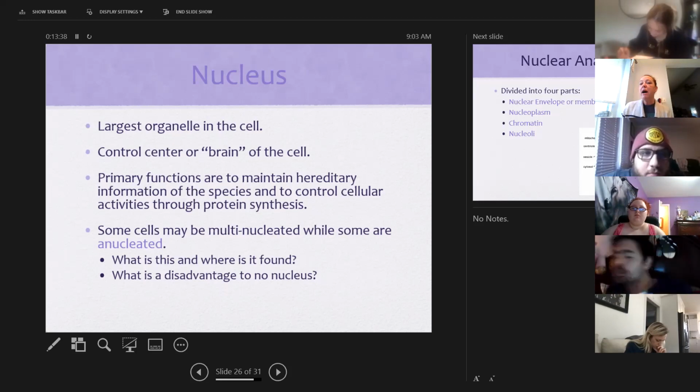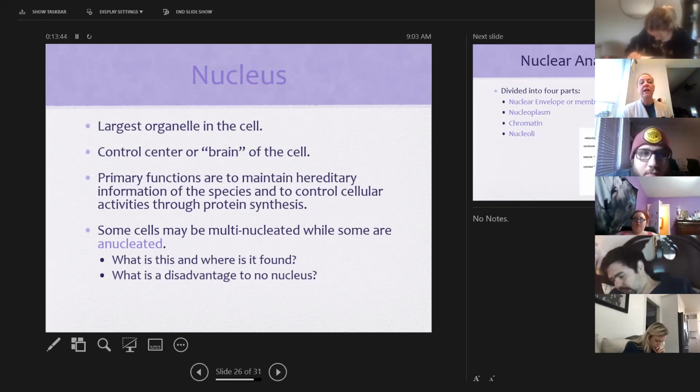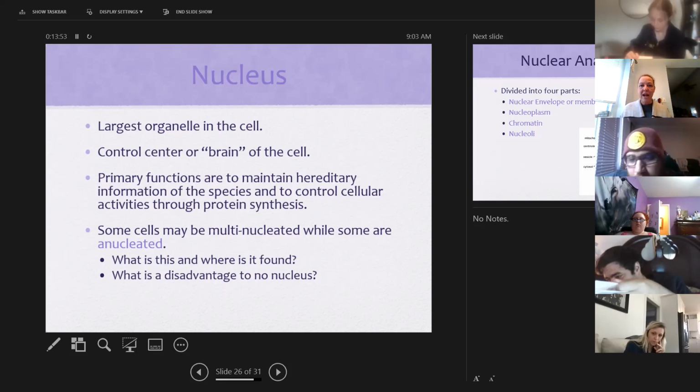But the other thing about not having a nucleus is that the way we produce red blood cells is different. Red blood cells do not reproduce themselves by mitosis. They can't. They don't have a nucleus. Our body has to manufacture red blood cells and then pump them out into circulation.